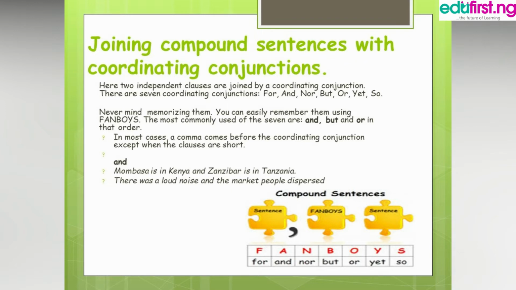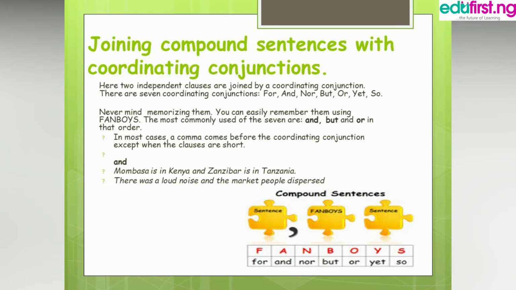Never mind memorizing them, you can easily remember them using the FANBOYS acronym. The most commonly used of the 7 are and, but, or, in that order. In most cases, a comma comes before the coordinating conjunction except when the clauses are short.